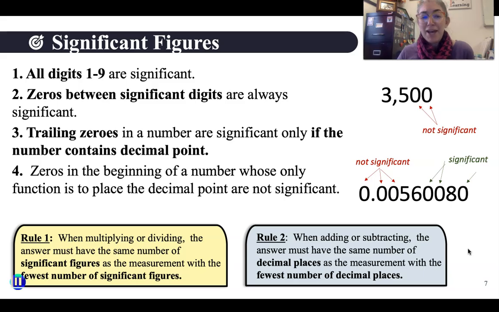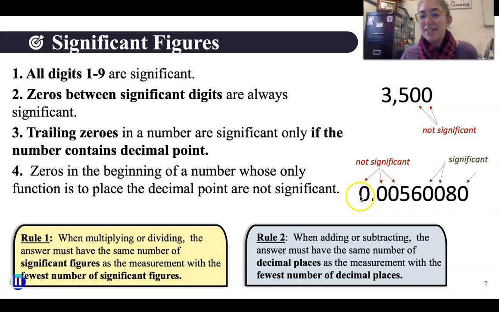When we are doing math calculations with significant figures, it really just comes down to remembering which zeros are significant. If they're on the right side of the number, on the trailing end, and there's no decimal place, they're not significant. If it's a number with a decimal place, they are significant after the decimal place, but only if they are after significant digits.